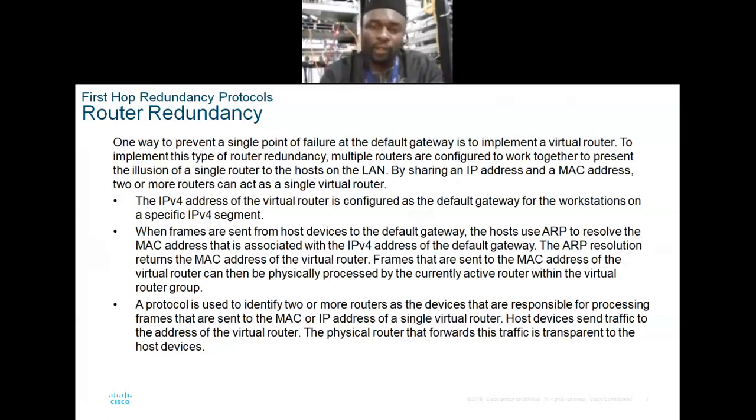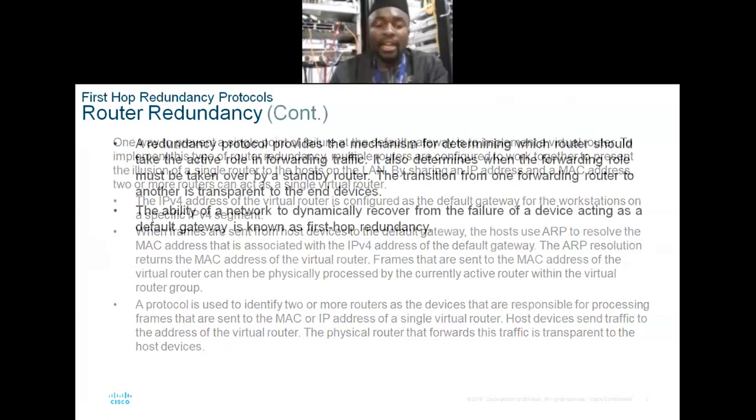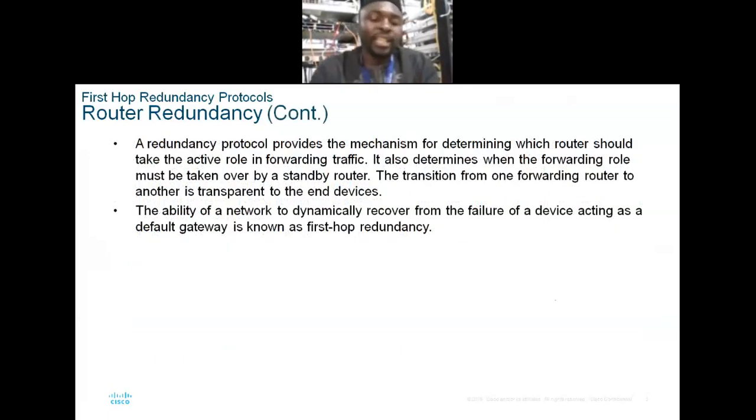A protocol is used to identify two or more routers as the devices responsible for processing frames that are sent to the MAC address or the IP address of a single virtual router. A redundancy protocol provides the mechanism for determining which router should take the active role in forwarding traffic.